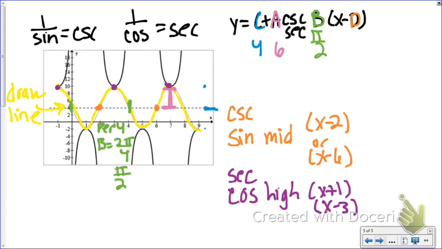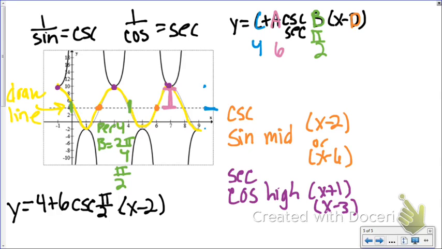But this full equation, fully written out, would look something like this. And that's it. If I wanted to, I could change that to secant, make it x plus 1.